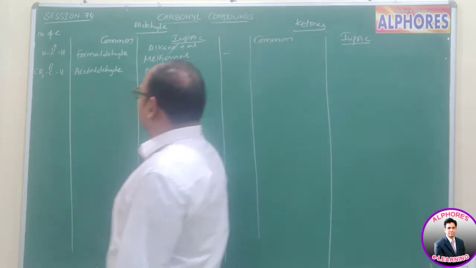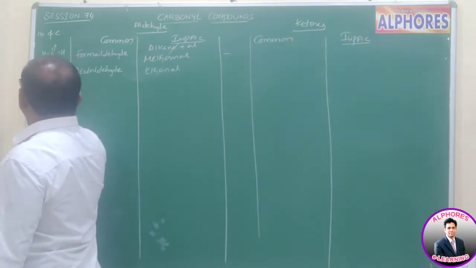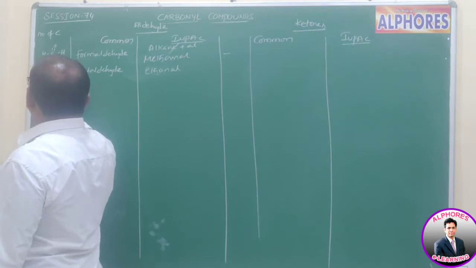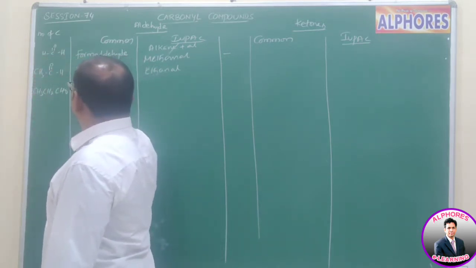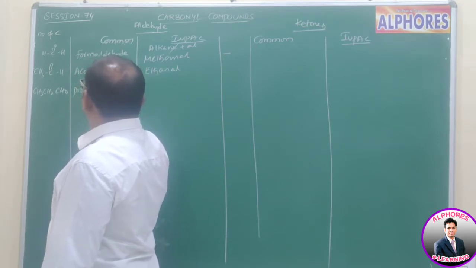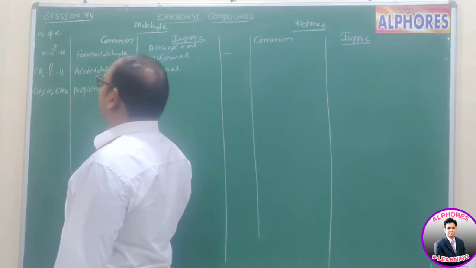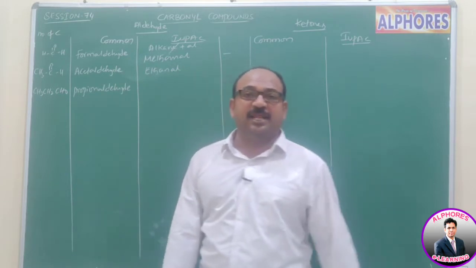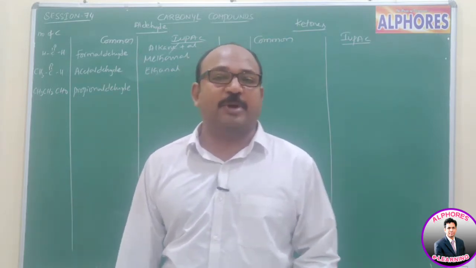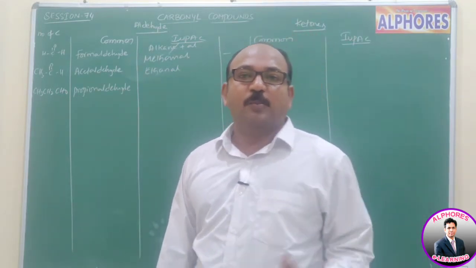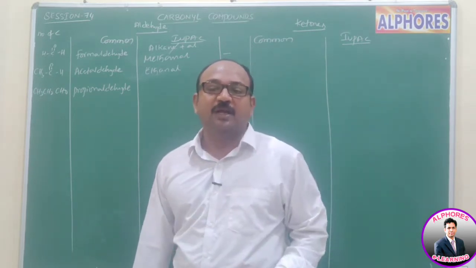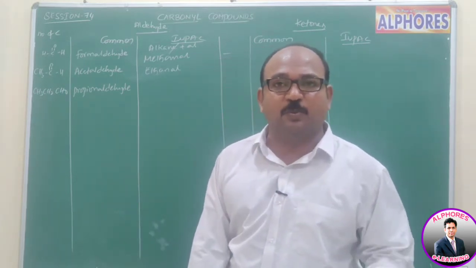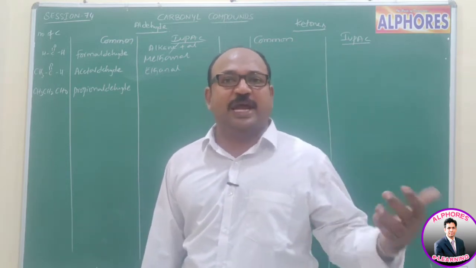Now the three carbon containing aldehyde, CH3CH2CHO, is called propionaldehyde, because its corresponding acid name is propionic acid. Propionic: proto means first, pion means fat. First fatty acid, it means. Propionic acid means first fatty acid.